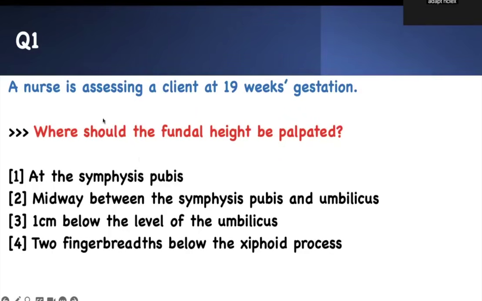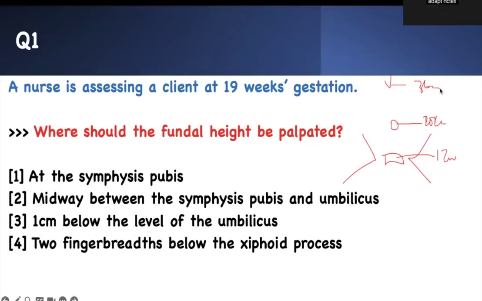A lot of concepts. So I want you to write them down so that when you see your question, you remember that concept. The concept is when you're pregnant, the pubic symphysis is here. It's the 12-week mark. The umbilicus is the 20-week mark. And the xiphoid process is close to 36 weeks, right?